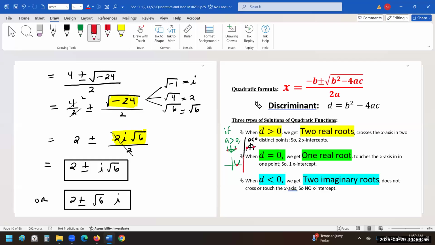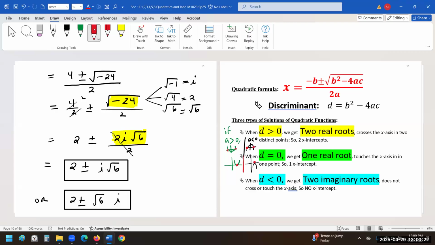It's not crossing. That's why you have only one real solution. But if you're upside down, you have something like this, where you're not crossing, only touching the x-axis. So you get one real solution with one x-intercept.